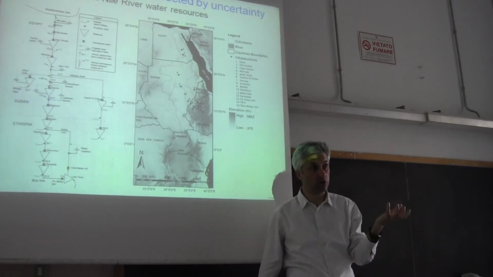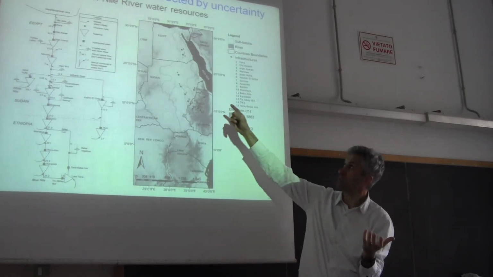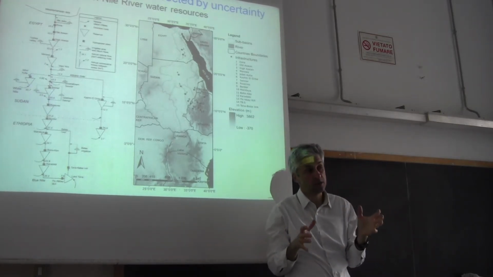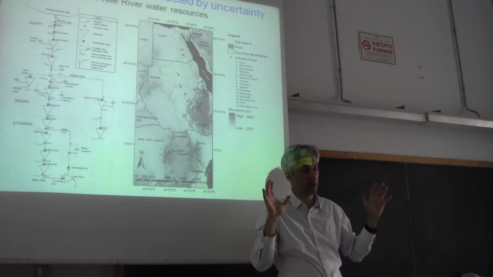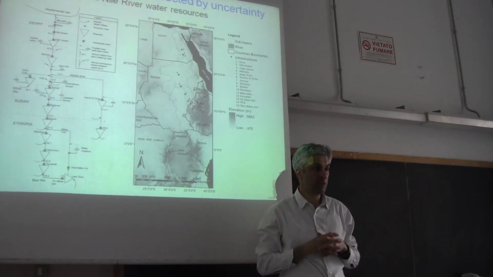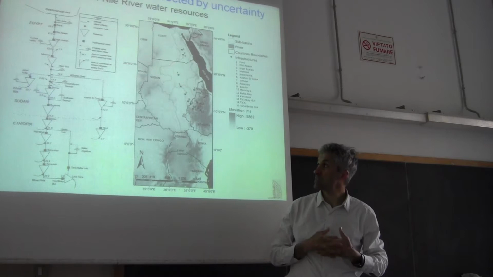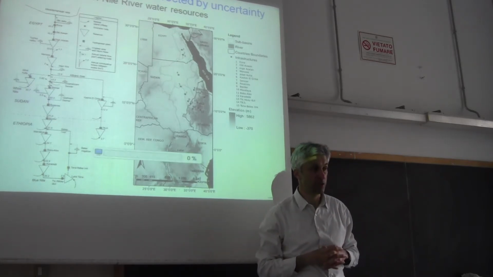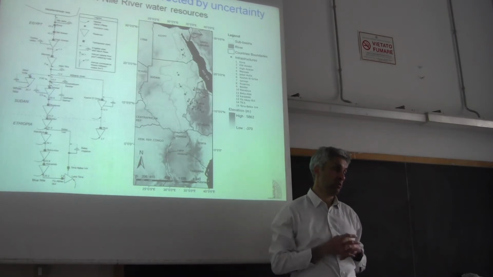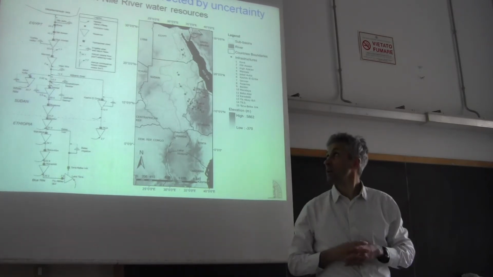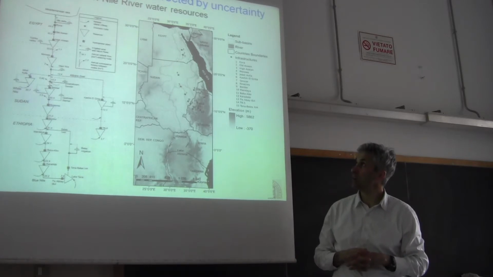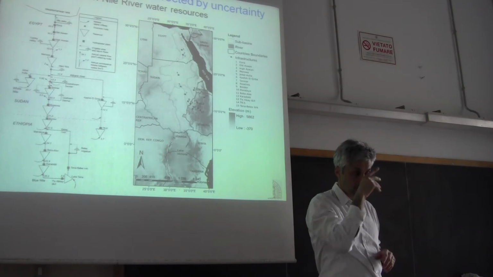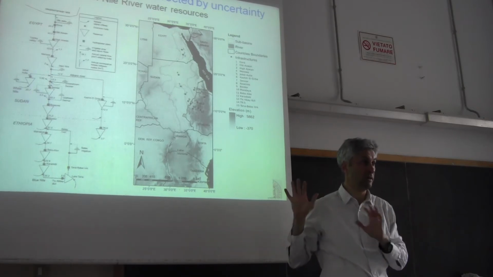The Nile River flows, and Egypt is only the last downstream one, and it's also quite small in terms of geographical extension. But Egypt has a long history of usage of water resources from the Nile River, and therefore they built a lot of infrastructures because their livelihood completely depends on the Nile River.